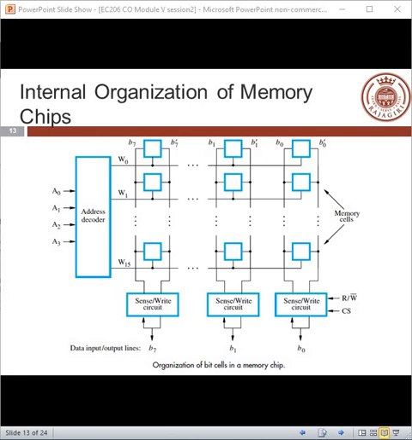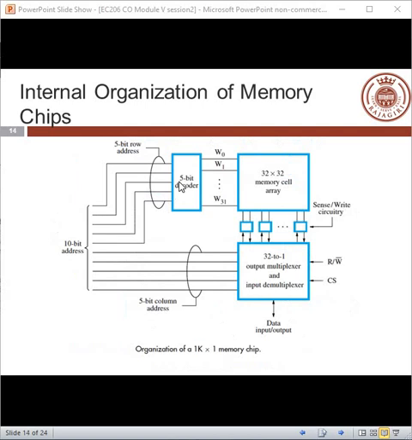So if we have limitations on the pin number, we need to go for some other organization. If we organize our 1024 bits as 128 into 8, we will have 19 pins.